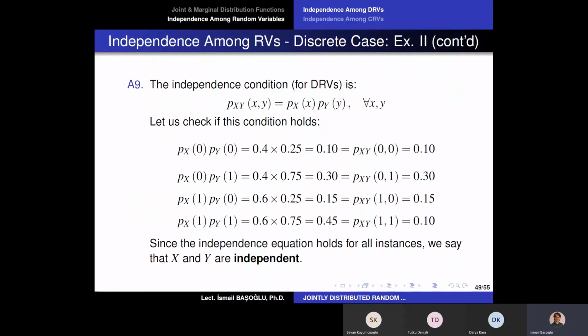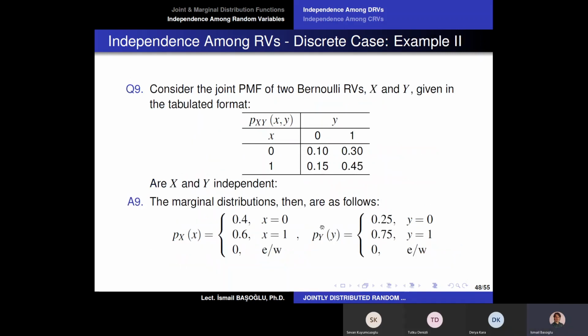Automatically, it would be satisfied. Why? Because we know that the sum of the probabilities is equal to 1. So the last cell will automatically be satisfied. Because that equation is satisfied in all possible joint probability mass values, we say that X and Y are independent. However, there is another way of checking that.